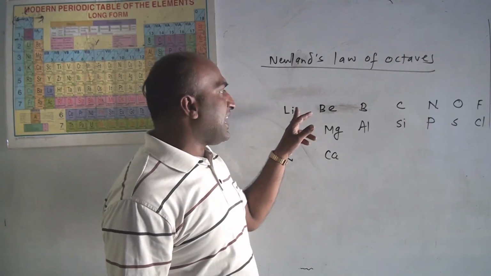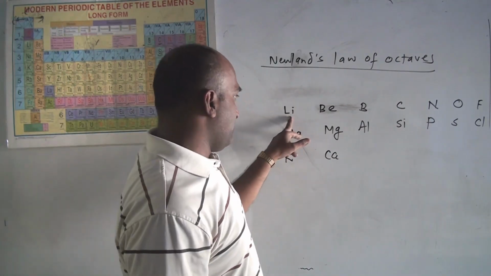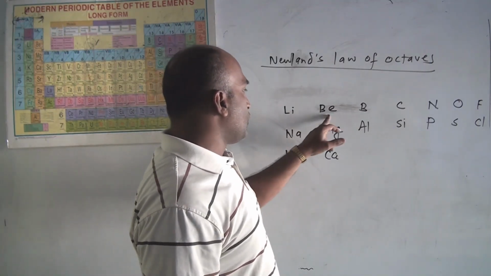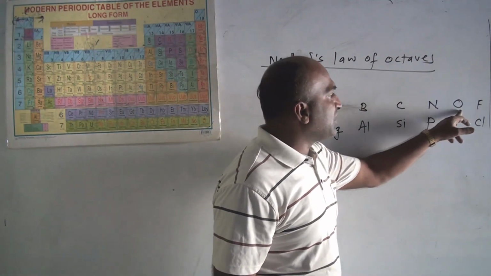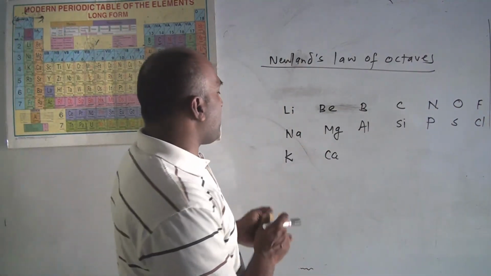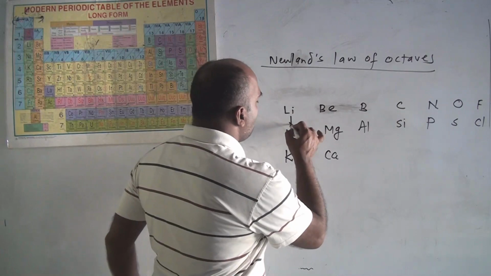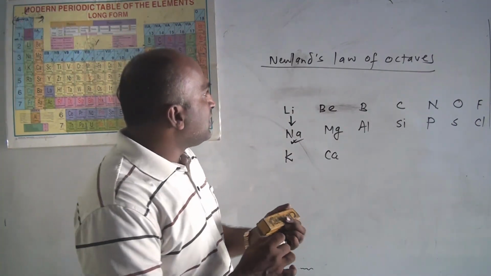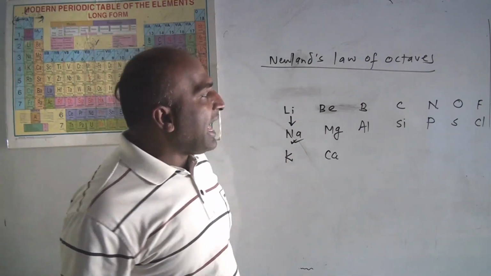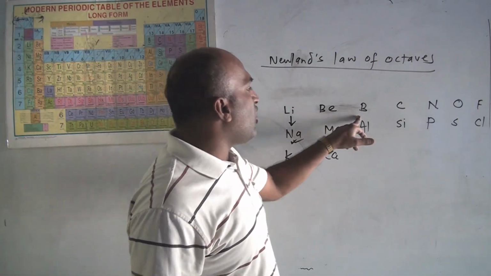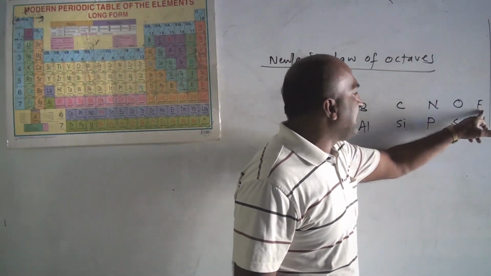Just like if we start with lithium as the first element, its eighth element is sodium: lithium 1, 2, 3, 4, 5, 6, 7, and the eighth is sodium. So the properties of lithium and sodium are found to be similar. This is just like in the musical scale, where we say sa, re, ga, ma, pa, dha, ni, sa.